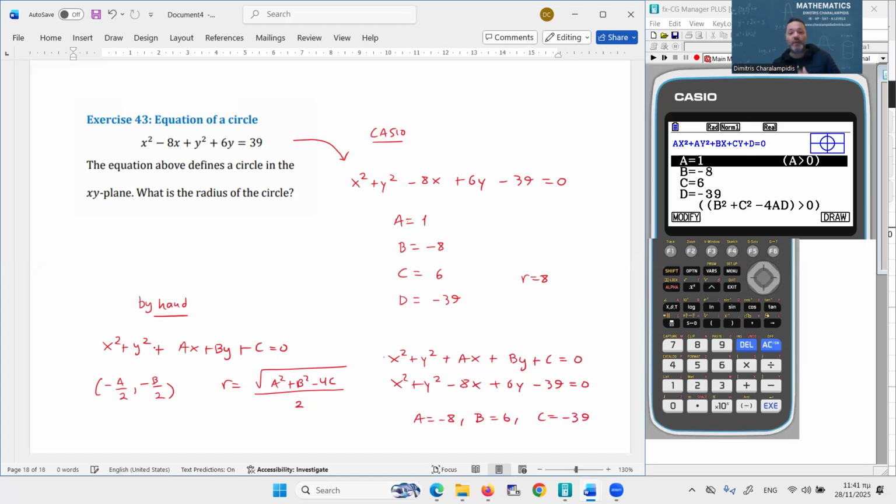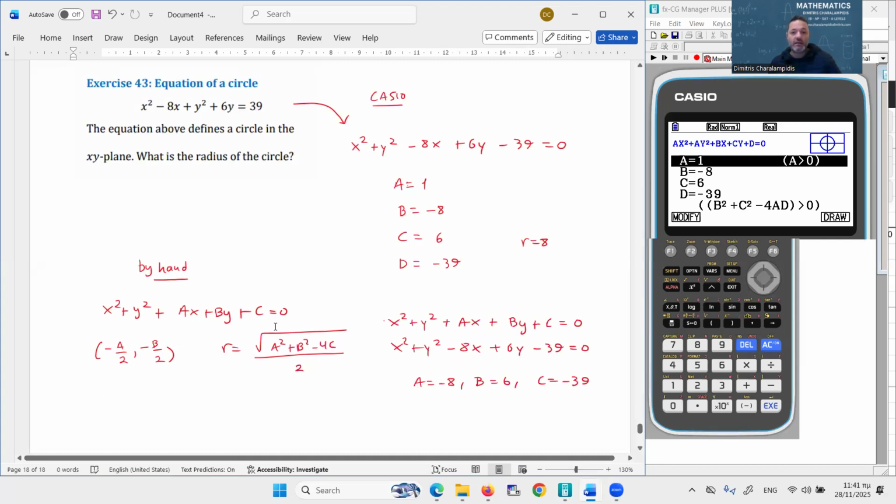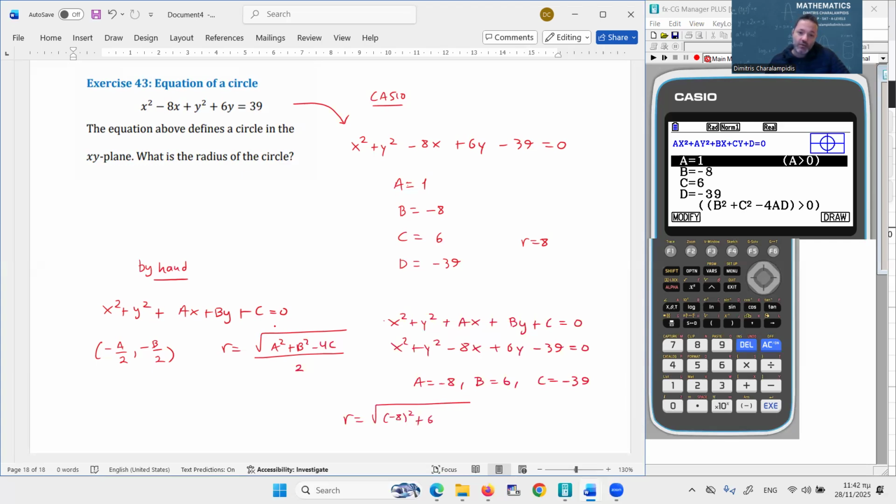You see that the values of A, B, C have changed because every single time, whether I'm doing that by hand or by Casio, they refer to different places. So now A is -8, B is 6, and C is -39. And based on this formula, it should have been -8 squared, plus 6 squared, minus 4 times -39, and all that over 2.